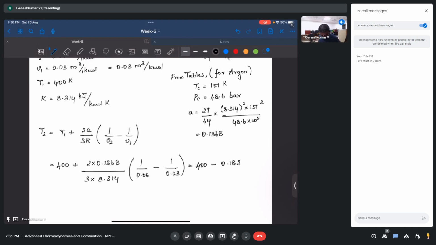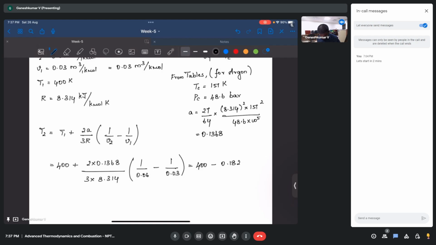Yes, there could be some mistake while substituting this. I think maybe kilojoules per kilomole. 8.314. Let's stick to SI units, because if not it will become problematic. So kilojoules per mole. Okay, if that is the case, this is fine.